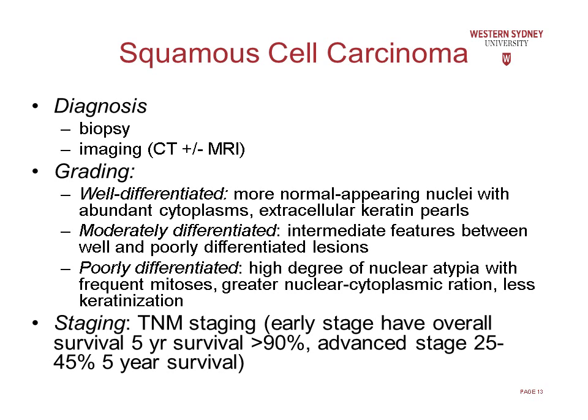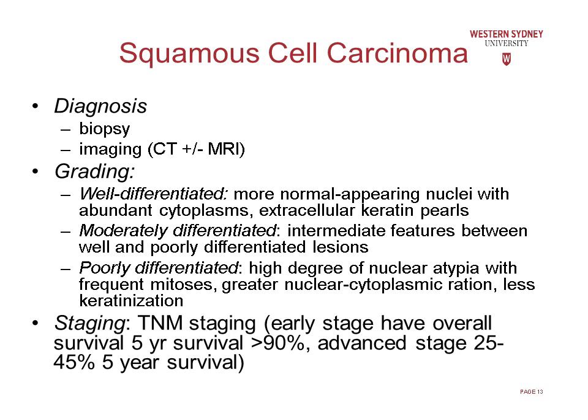In terms of the histology, squamous cell carcinoma is graded into well differentiated, moderately differentiated, or poorly differentiated SCC. The well differentiated SCC has more normal appearing nuclei, where you still have abundant cytoplasm and evidence of extracellular keratin pearls. They look more like skin.